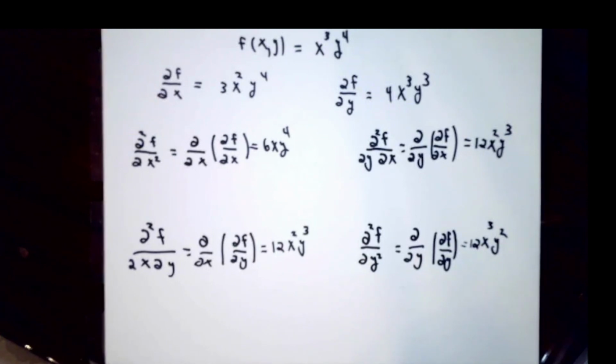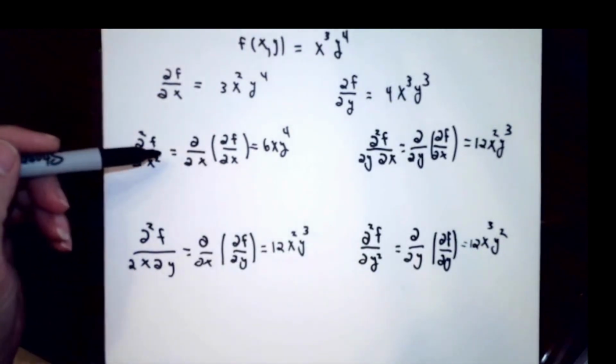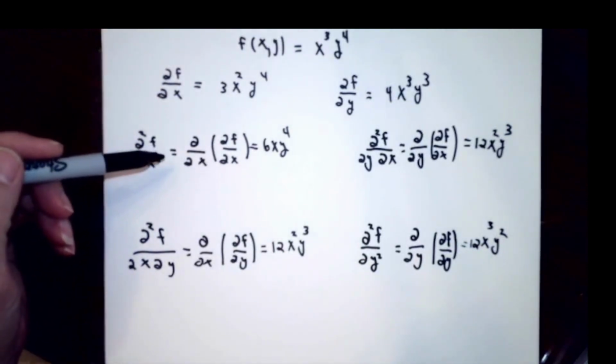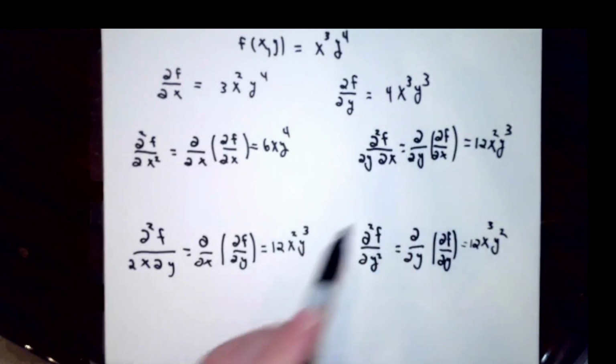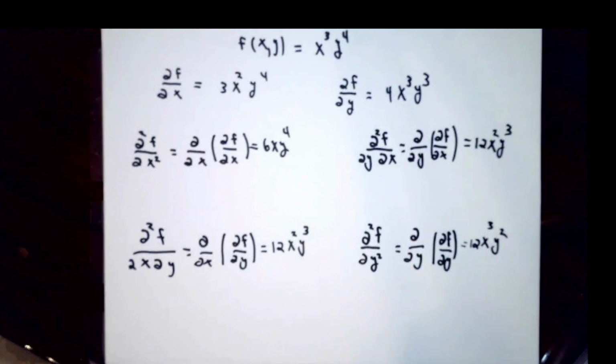As we'll see shortly, this quantity has a fairly direct interpretation. This quantity does as well, but these two really don't. Nothing like this ever happened to us in the first semester of calculus or in the second semester.